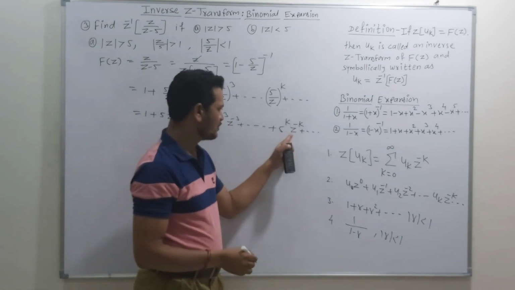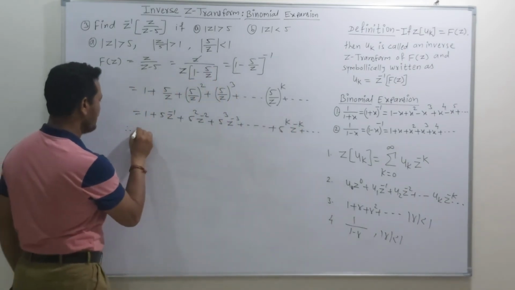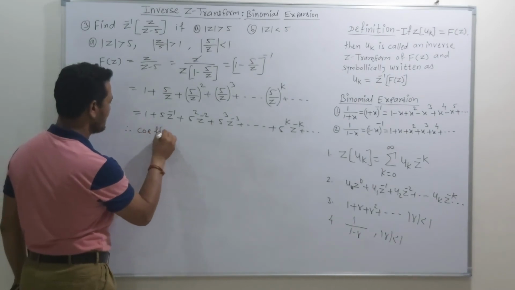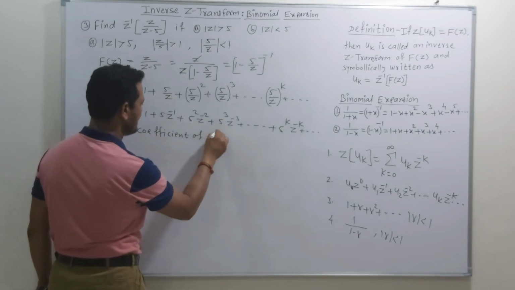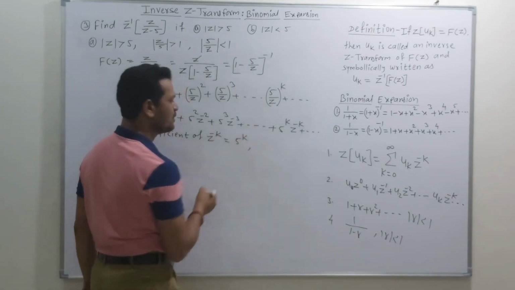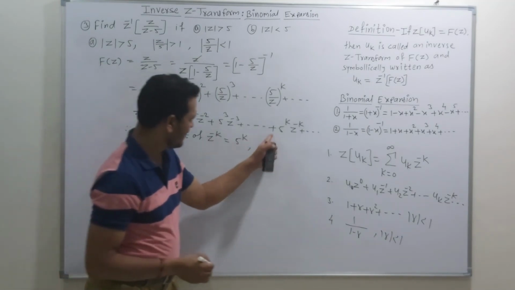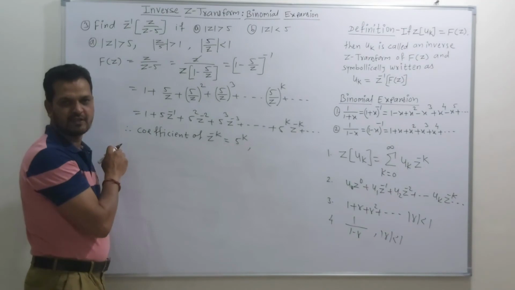So our interest is to get the coefficient of z raised to minus k. So this coefficient is 5 raised to k. Now in this kth term, put the value of k in such a way that we get this as the first term.